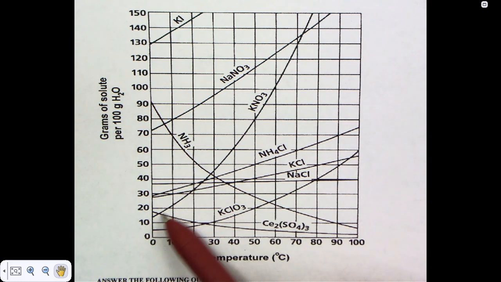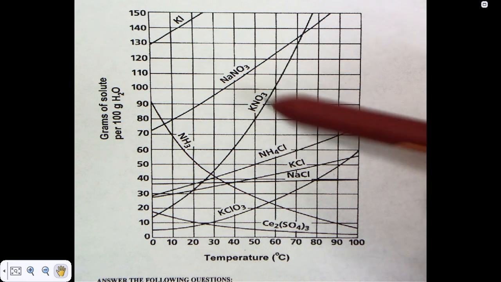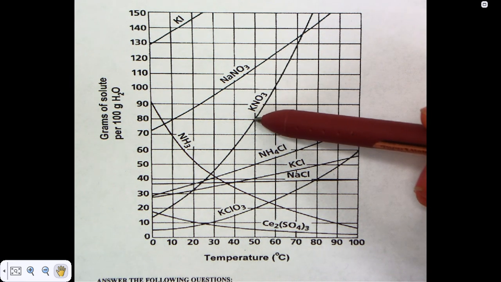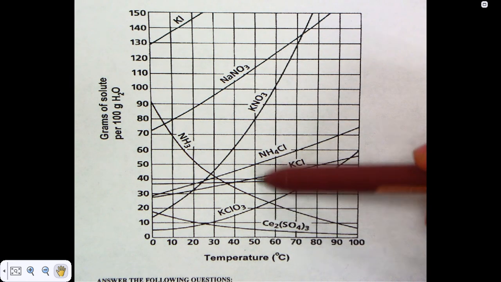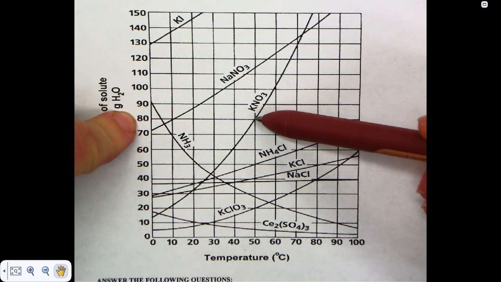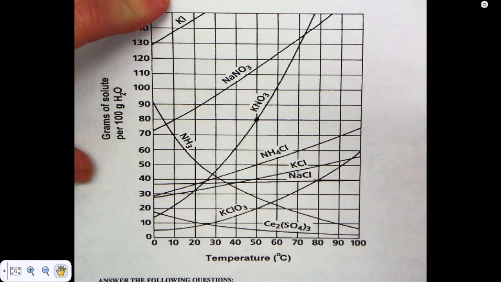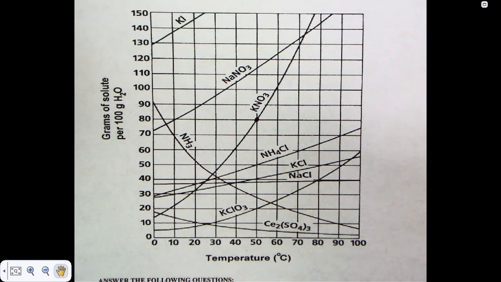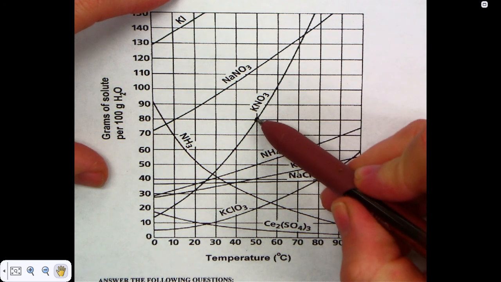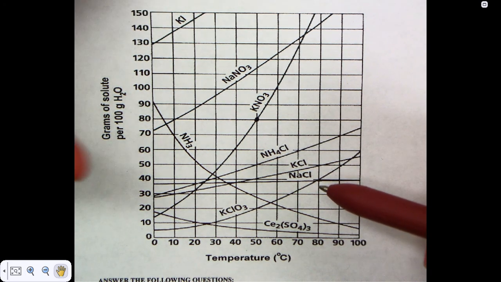For example, with KNO3 at 50 degrees Celsius, exactly 80 grams of KNO3 dissolves. At 50 degrees Celsius, when exactly 80 grams of KNO3 dissolves, I form a saturated solution. That is the exact amount of solute that the solvent can accept. No more, no less. It is perfect.